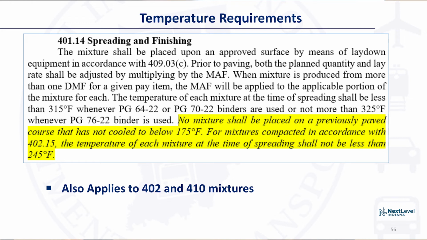One newer temperature requirement relating to the mix is, believe it or not, the specs didn't have any minimum temperature requirement for the mix. Essentially, if it's not controlled by cores, if we're not taking cores to measure density, we say that the mixture behind the paver has to be 245 degrees or rising.